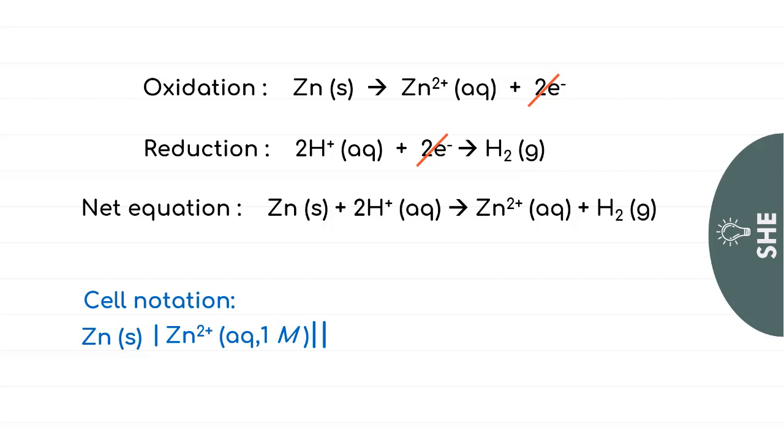The reduction process taking place here starts with 1 molar of H+ aqueous, followed by 1 vertical line and hydrogen gas of 1 atm. Every cell notation must have an electrode at the end. We use platinum for the standard hydrogen electrode. Therefore, 1 final vertical line is placed before platinum solid.